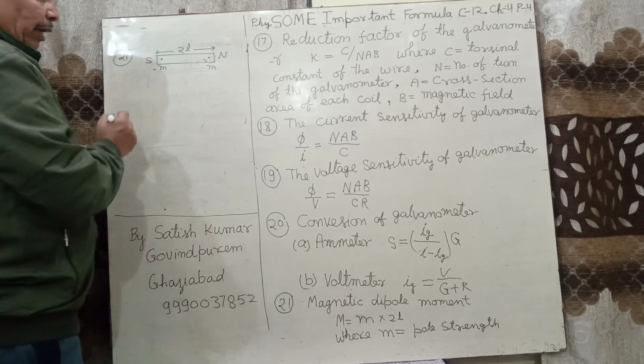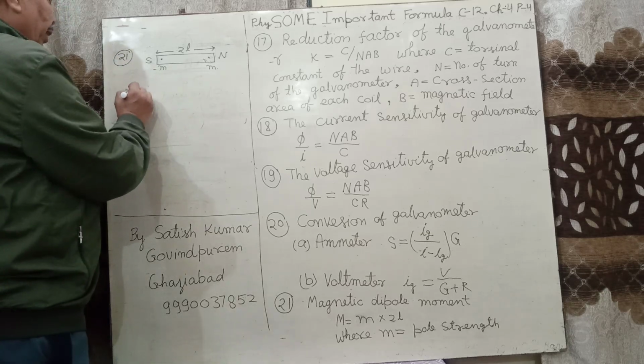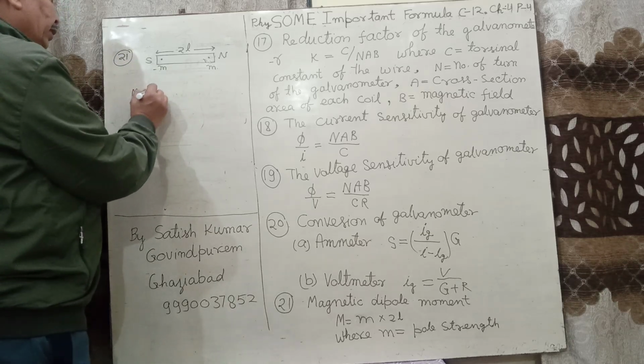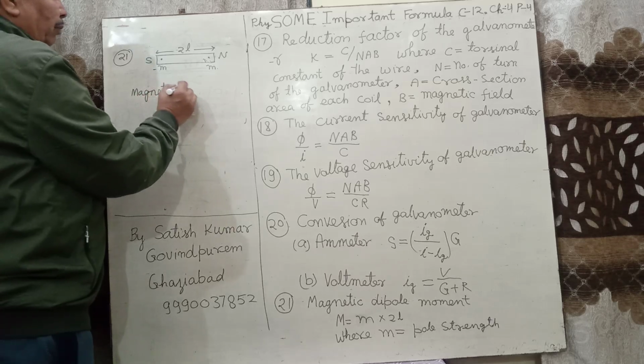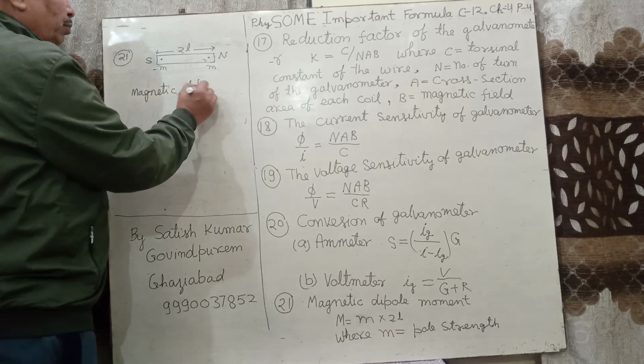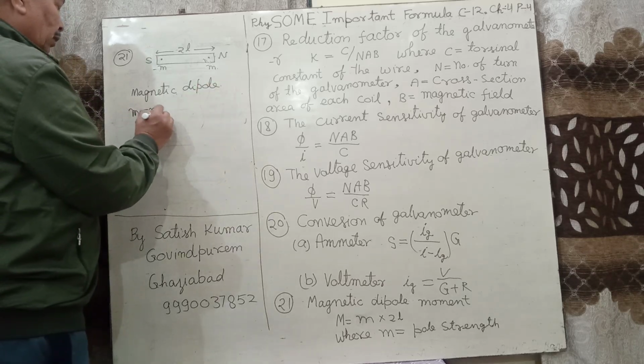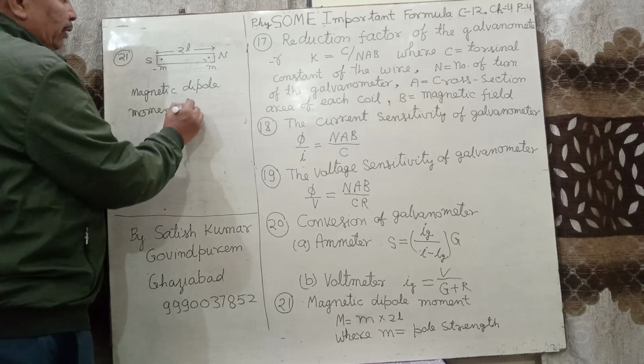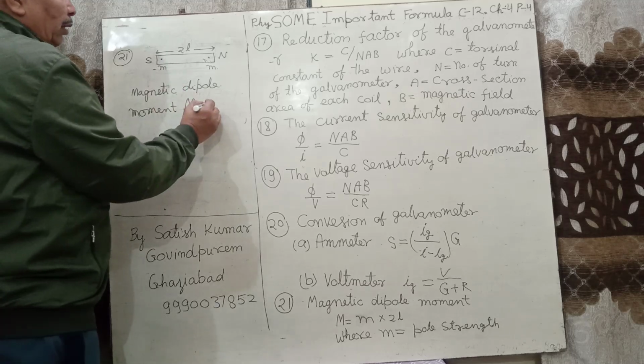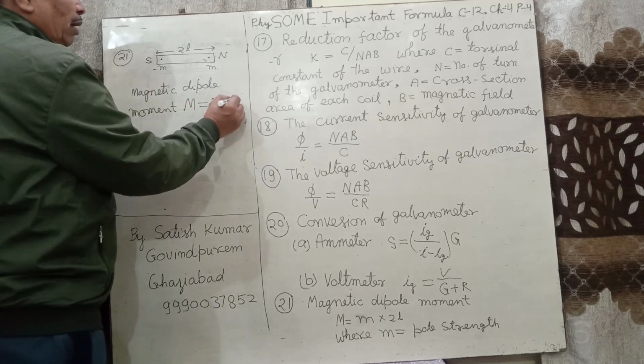Then the magnetic dipole moment, denoted by capital M, equals small m multiplied by 2L.